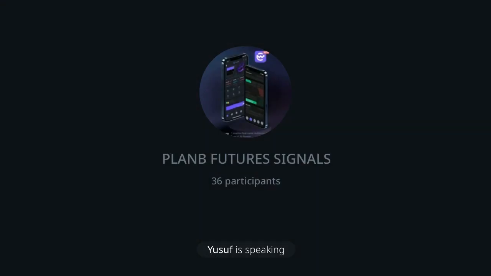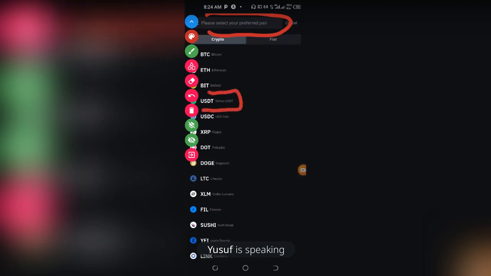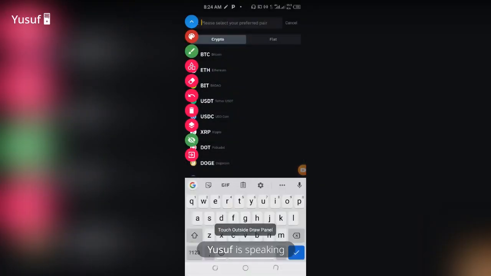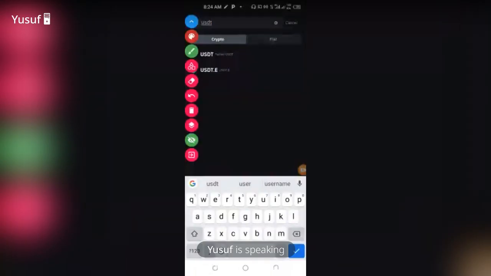Is it Bitcoin the person wants to send to me? Is it USDT? Is it Ethereum? Or which coin? So you are going to search, although you can pick USDT here with ease, but sometimes you may be looking for another coin. Simply come here and search for USDT at the top. Then it will pop up. You just pick USDT.